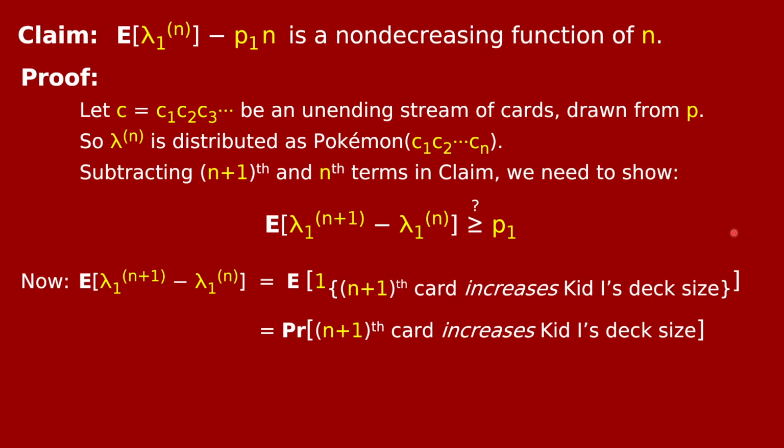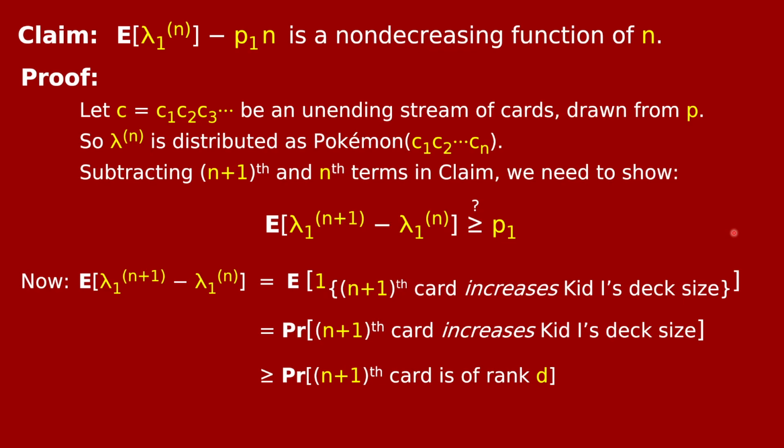Now, if you remember back to how this Pokemon process worked, if kid 1, the oldest kid, got some high-ranked card like a number 1 or a number 2 or a number 3, they would keep it, but by this household harmony rule, they would have to give up their next highest ranking card to the second kid. And in this case, the size of their deck would not increase.